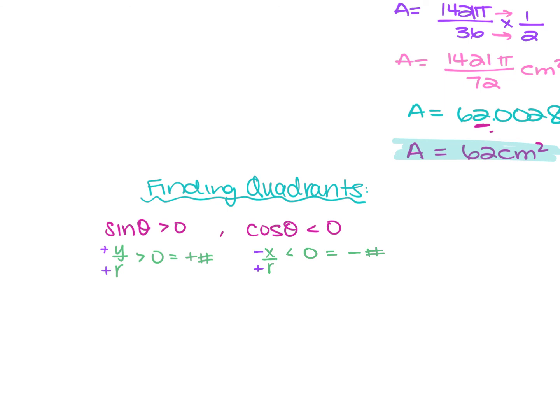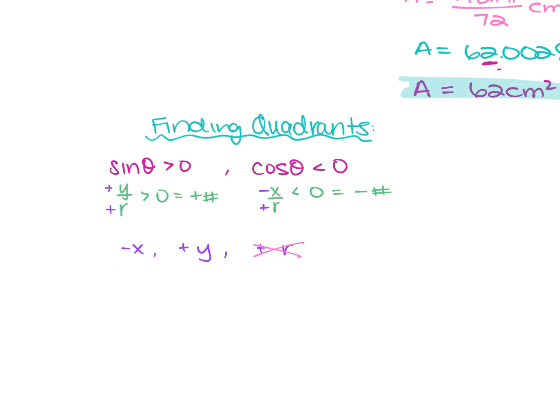So look at every part that you have, your x, your y, your r. X has to be negative, y is positive, r is positive. Your r is irrelevant. When you're looking at ordered pairs, it's x and y. So the only thing you need is the fact that this x is negative and this y is positive.